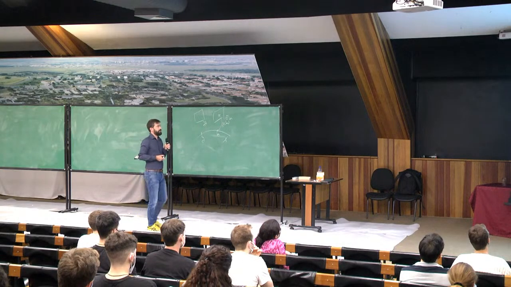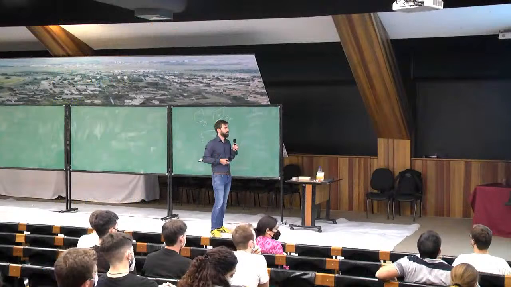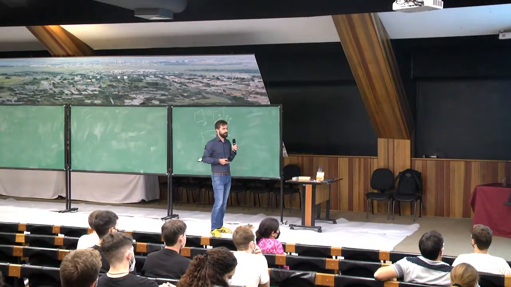So what is our set delta now? Remember, the set delta consisted of functions mapping from the space X, the space of gamma Hölder paths, to the union here, and they had to have the property that when you apply a gamma Hölder path, you end up here in the space of controlled paths, controlled exactly by this part here.